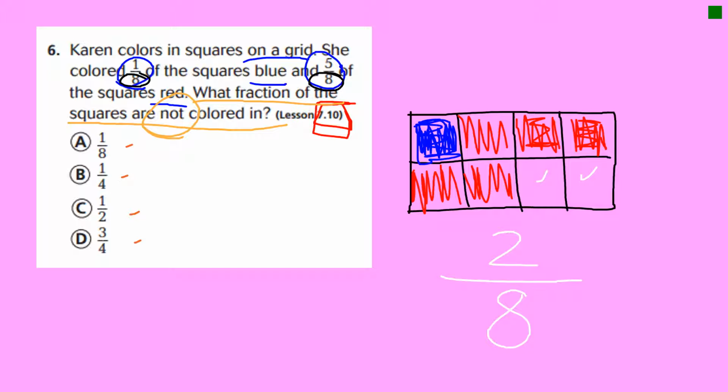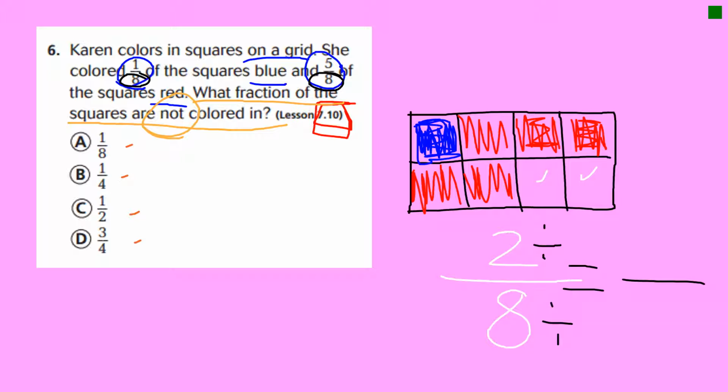So we're going to find an equivalent fraction that's the same size as 2/8, but using the smallest numbers we possibly can. When we do simplest form, we have to find a common number we can divide both 2 and 8 by. So we're looking for a common factor.